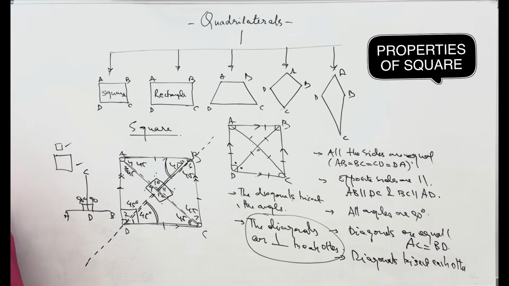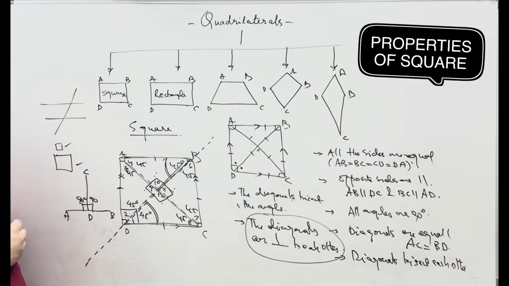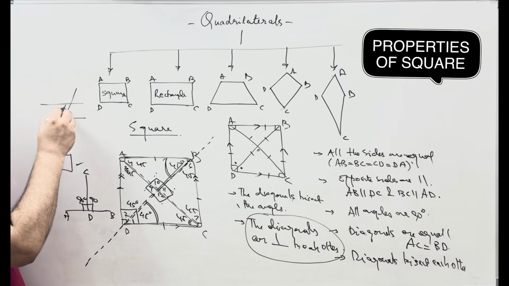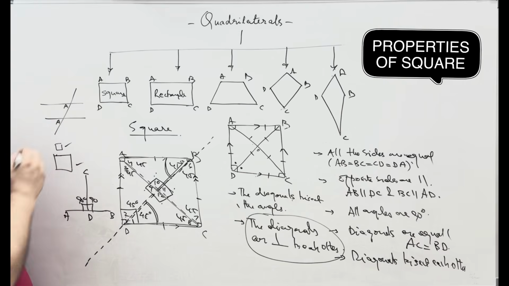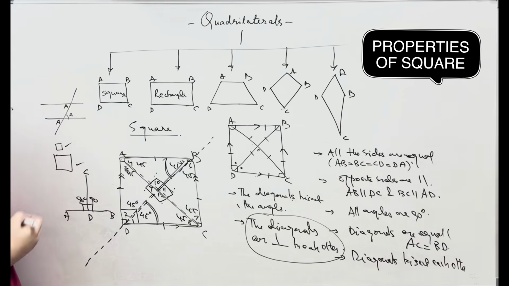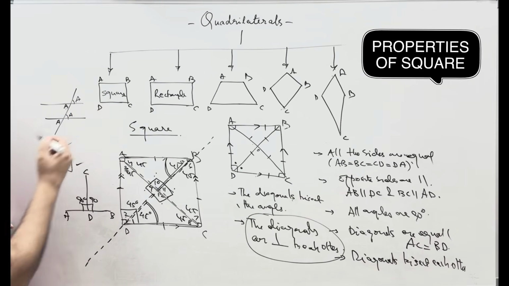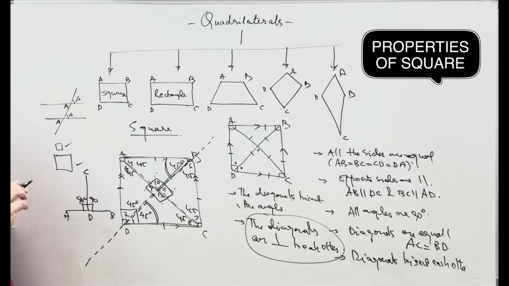They are equal. So you take any parallel lines, make a transversal. This angle is A, this angle is A, this angle is A, this angle is A. So this and this are interior opposite angles. These two are vertically opposite angles.